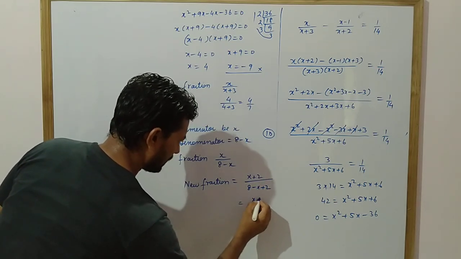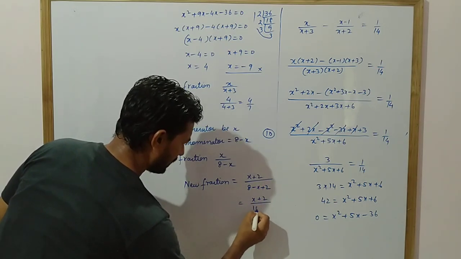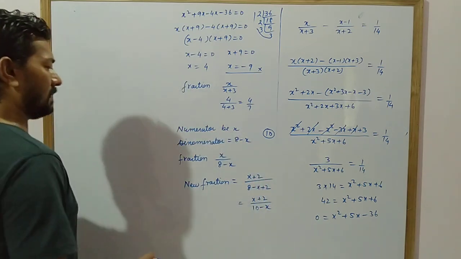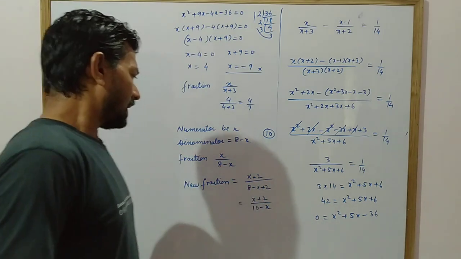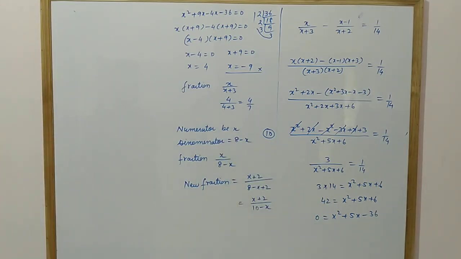So this is x plus 2 by 10 minus x. This is the new fraction. Now, here it is given that if 2 is added to both numerator and denominator, you are getting the new fraction, that is x plus 2 by 10 minus x. The fraction is increased by 4 by 35.